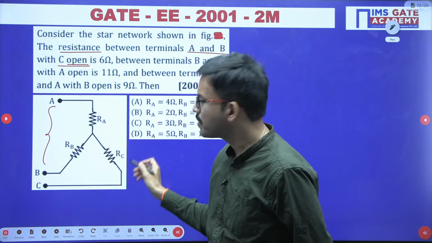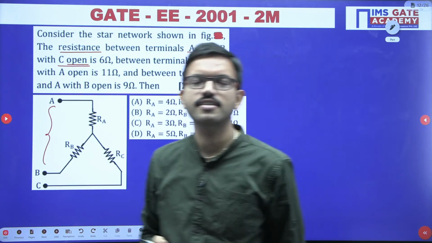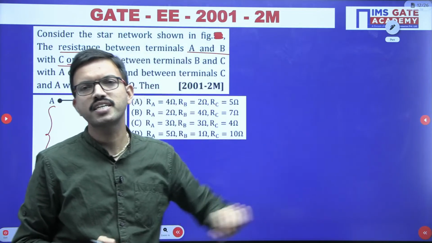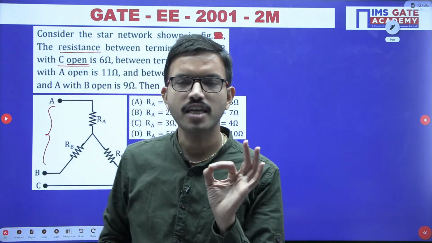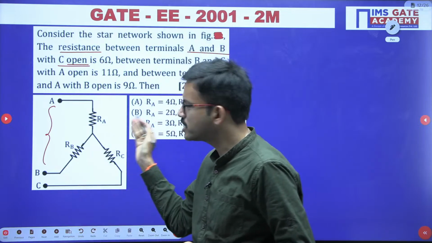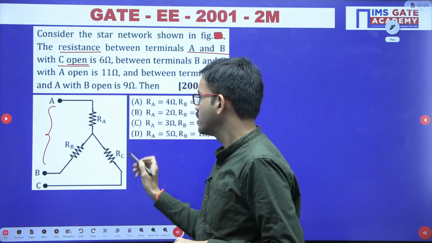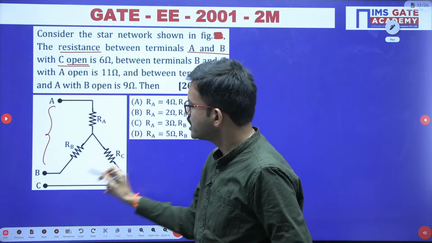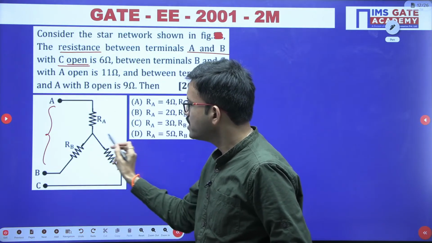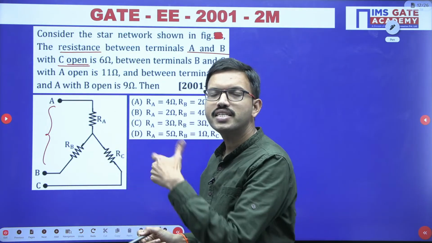Regarding this particular part, we already answered in the last class. In fact, I have given the recap in this session also. Once you are able to catch that point, you can solve this question just like that. See, the moment no current flows in the C terminal, we can represent this resistor as an open circuit.